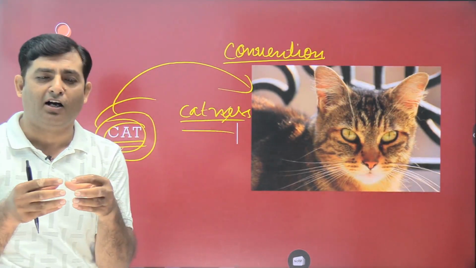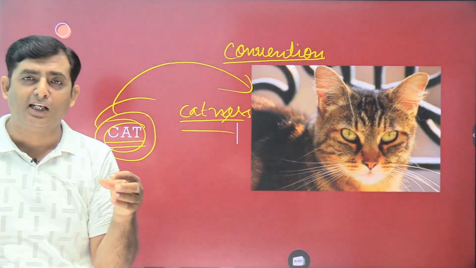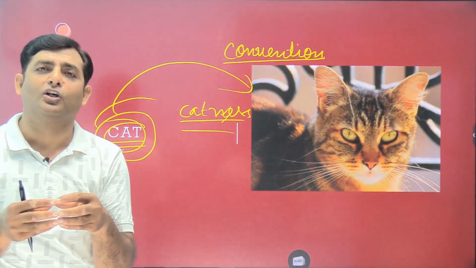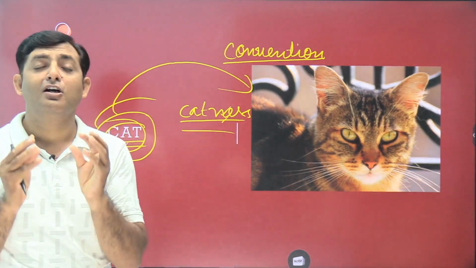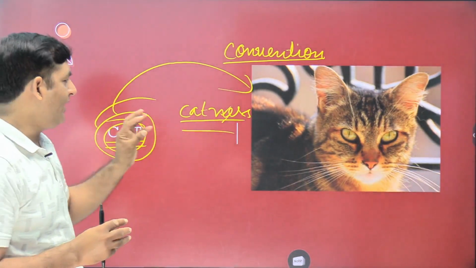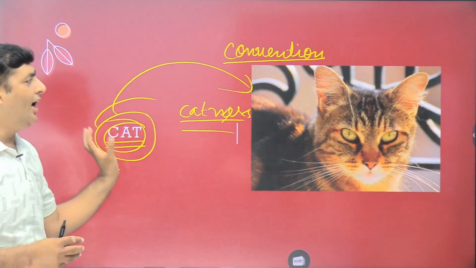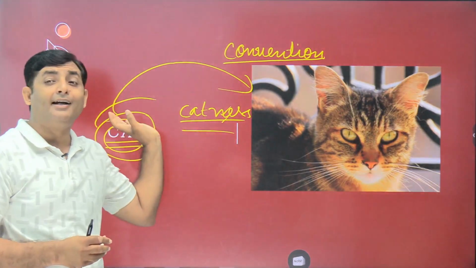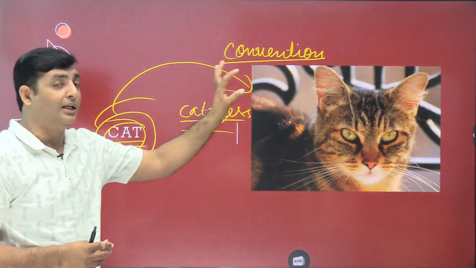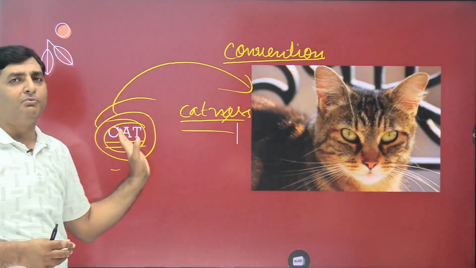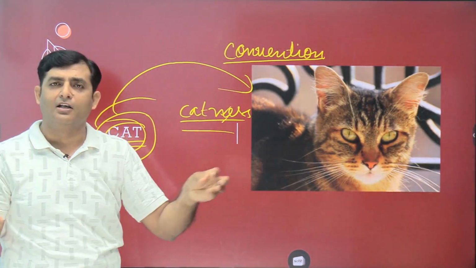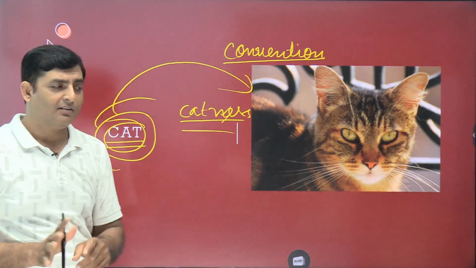They do not have any natural relationship, they are just arbitrary. Clear? This is the picture of a cat, and the word written here is cat, and the word cat is not related to the picture of the cat. The relationship between a word and its concept is arbitrary. Clear?